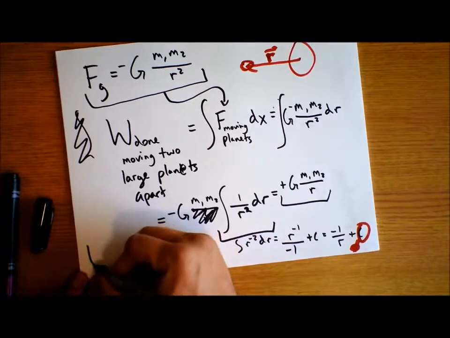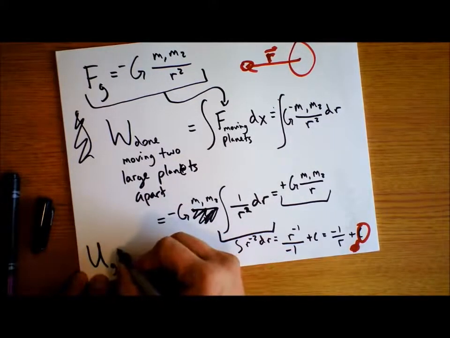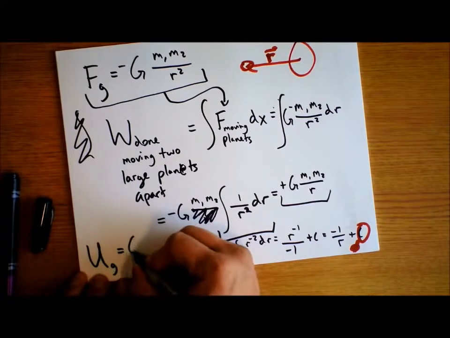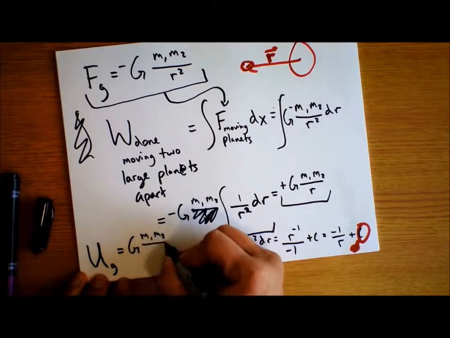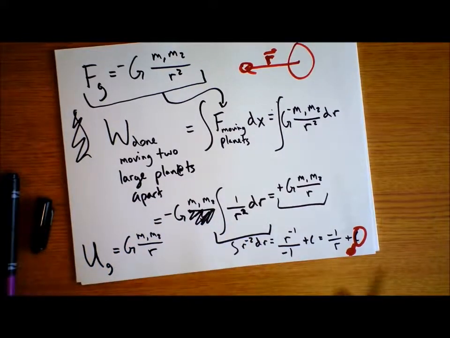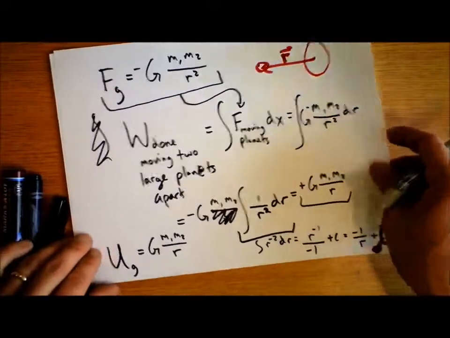In fact, the gravitational potential energy between two large masses is capital G times m1 times m2 divided by r. And that's how we get it. Awesome, right? Let's keep going.